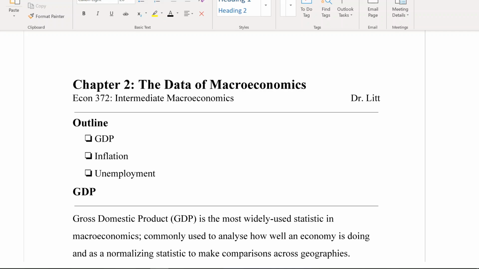So for intermediate macro, we're going to dive in with this introductory stuff that should mostly be a review from principles of macro, and we're going to hit these main three topics in the way that we measure macroeconomic phenomenon primarily, which are GDP, gross domestic product, inflation, and unemployment, which is the most common way which we measure the labor market health. So let's jump in here.